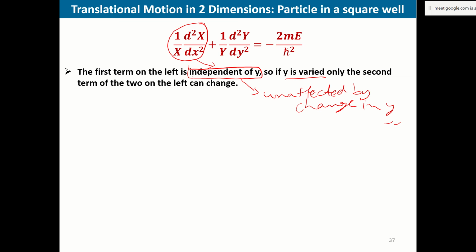Okay, so this term, if only y is varied, then it is unaffected by the change in y.